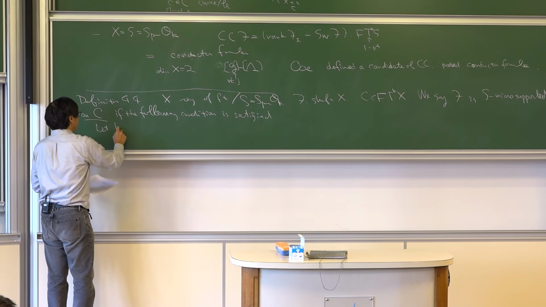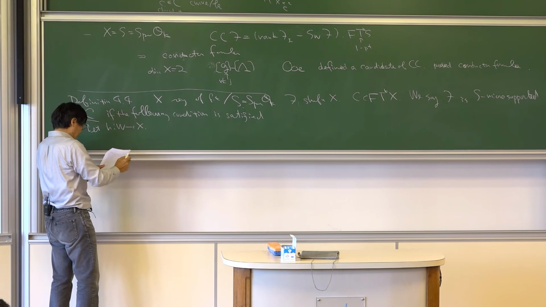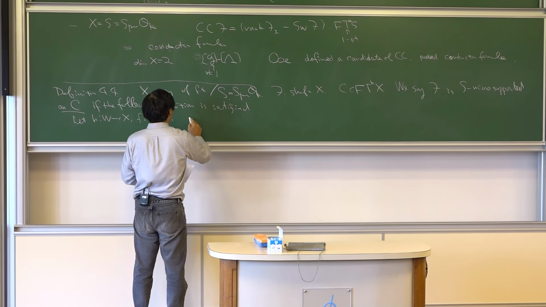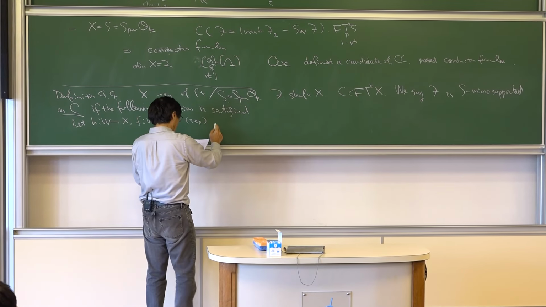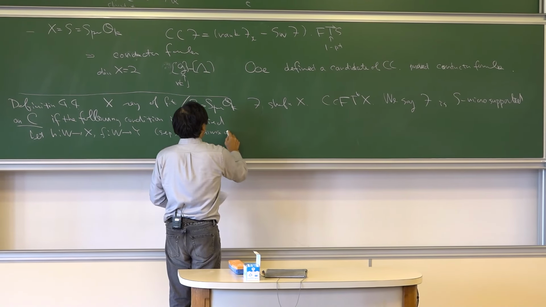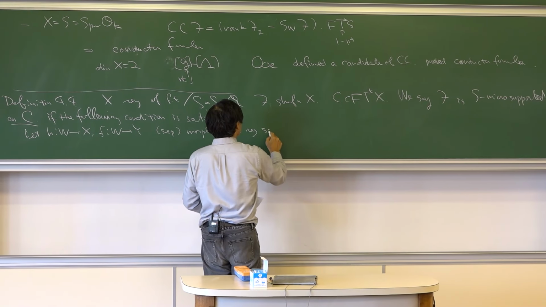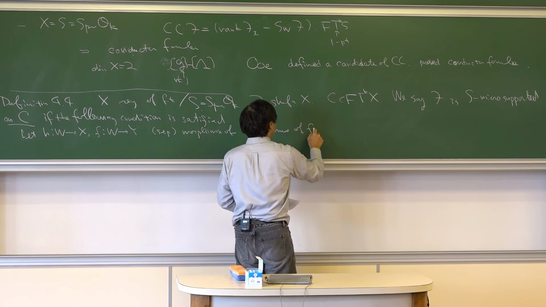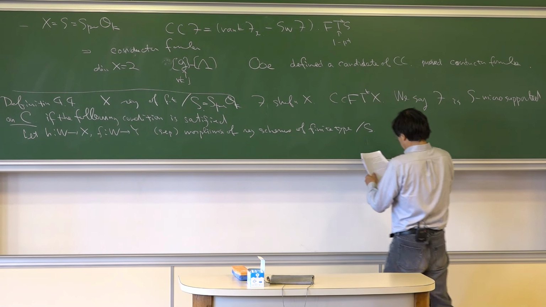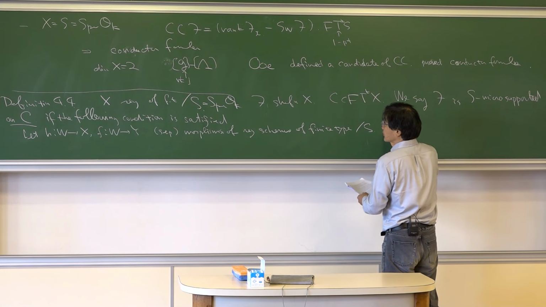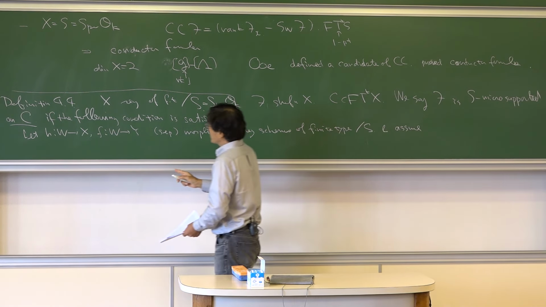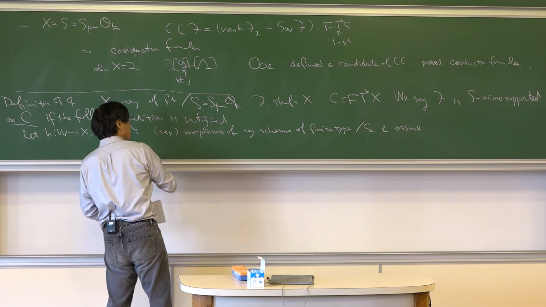Okay, so this time we have two separated morphisms of regular schemes of finite type over S, and further assume, I don't assume regularity or smoothness of W, but I assume smoothness of Y.